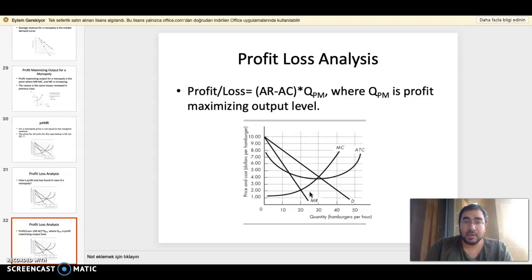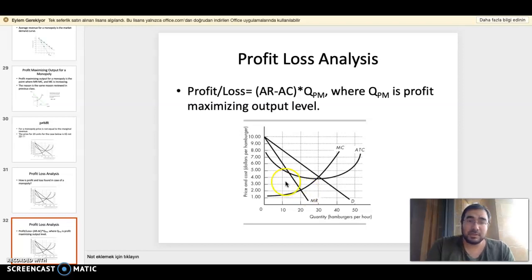I have mentioned a lot on the way you calculate the profit in case of a company in a perfectly competitive market.